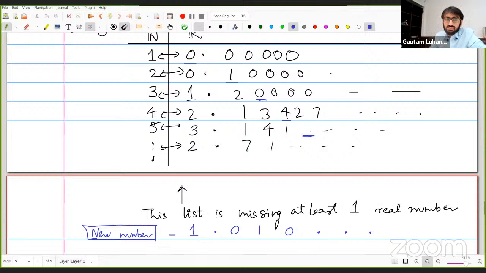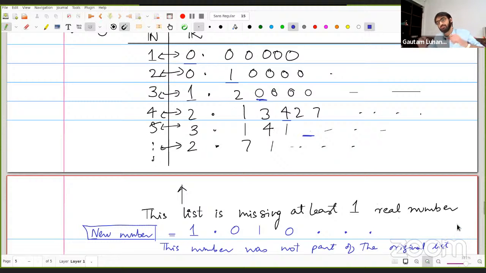And the argument is that this number was not part of the original list. The reason it's not part of the original list is because we went down the infinite diagonal and basically switched out all the numbers.